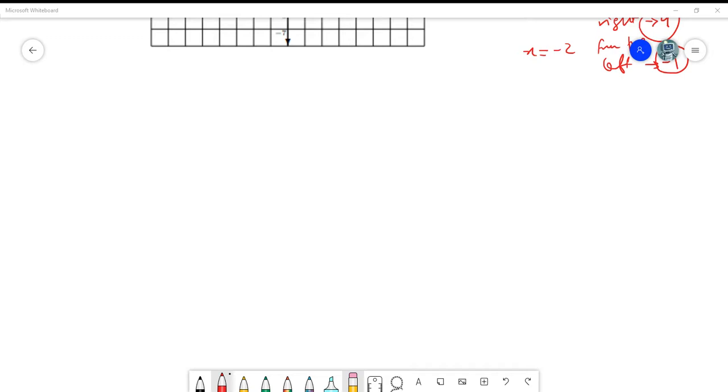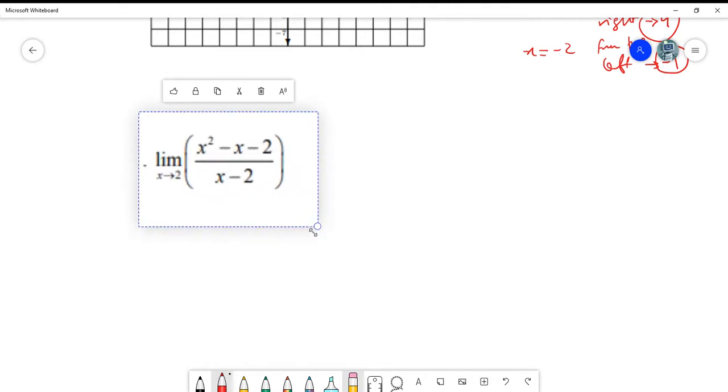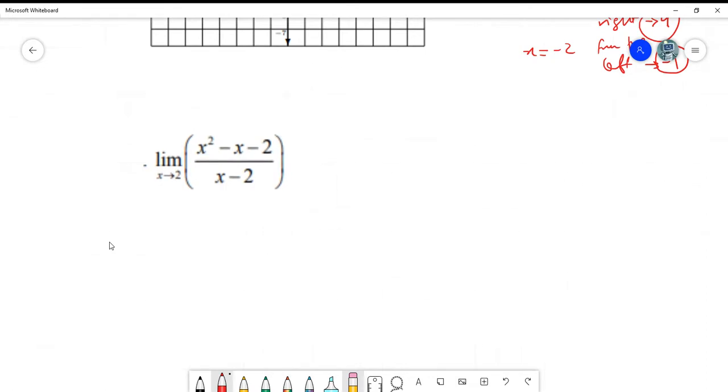For instance, I have to find the limit of this expression that I will paste here. Now it's not a graph as we've been discussing, rather it's an expression. We can see that the value of x given here is 2.